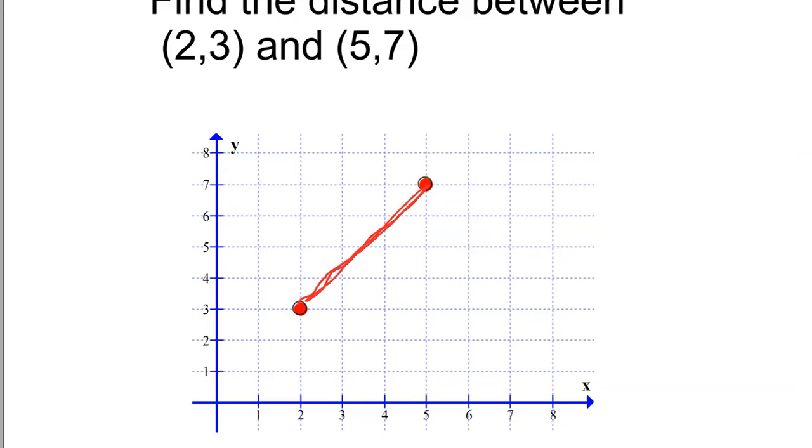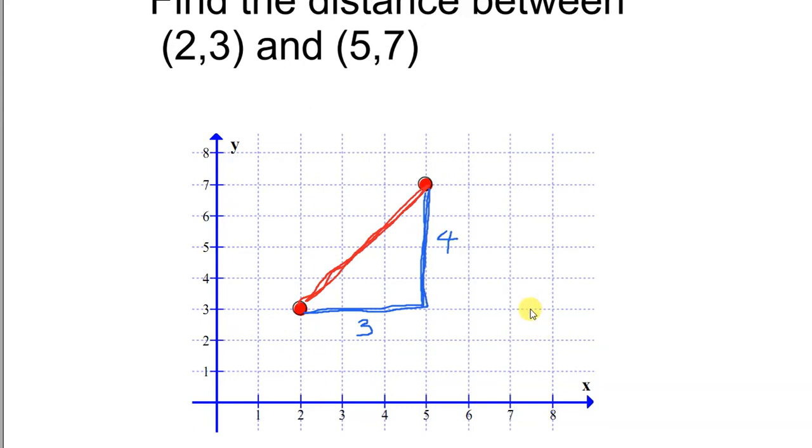And to do it, I'm going to turn this into a triangle. It's a right triangle, and this is 1, 2, 3, 4. I just counted the squares, and this is 1, 2, 3, and now I'm ready to use the Pythagorean theorem.